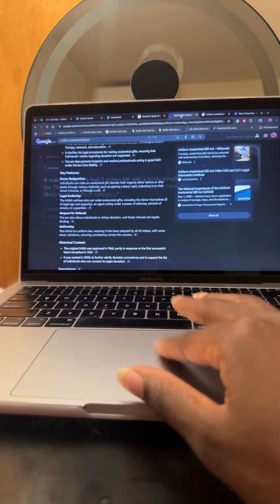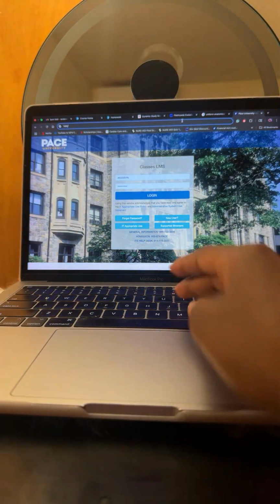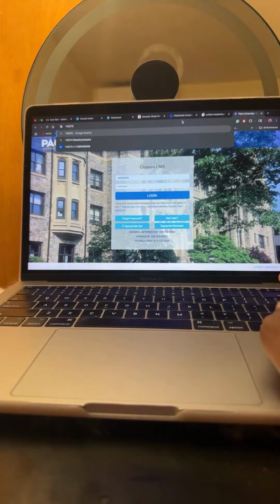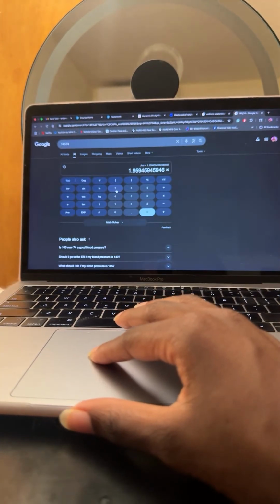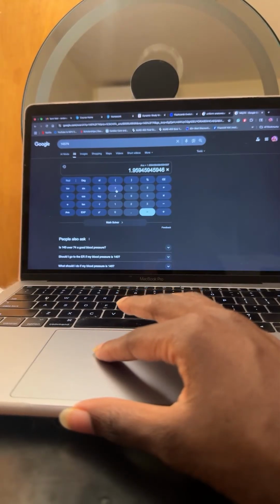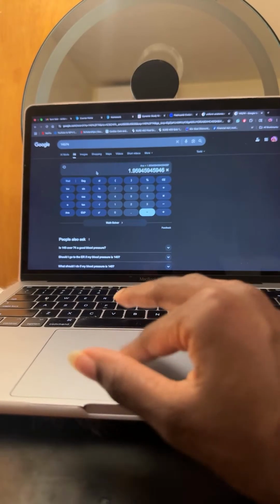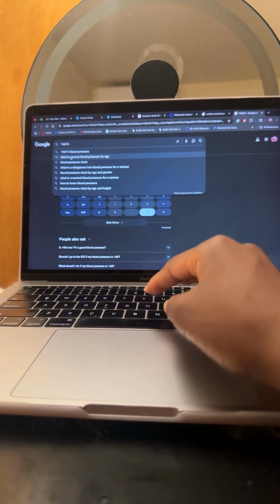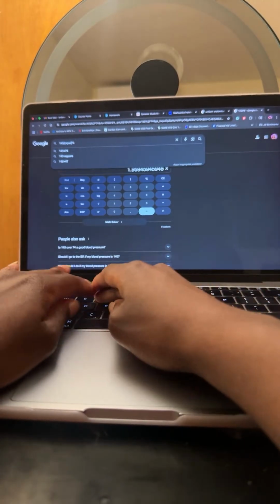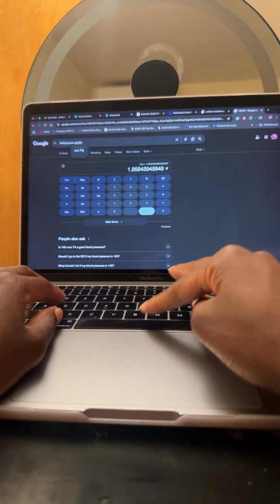Where did I put it? Oh, divided by 74. And then I think multiply by, oh, wait, no, I think I messed up. What is it? Is this square root?